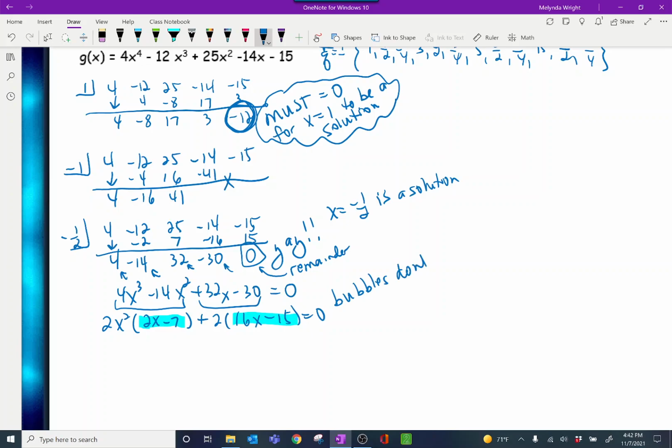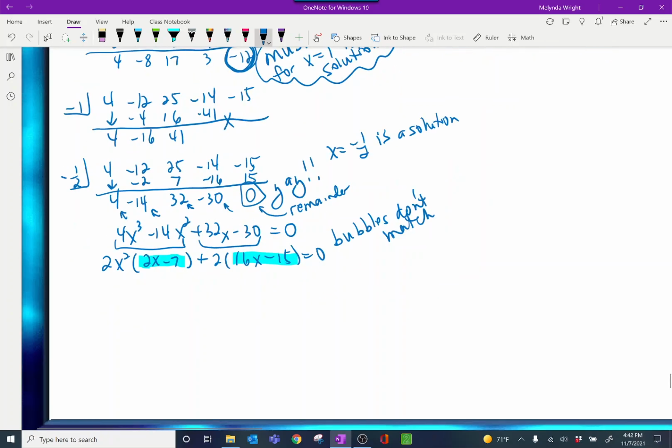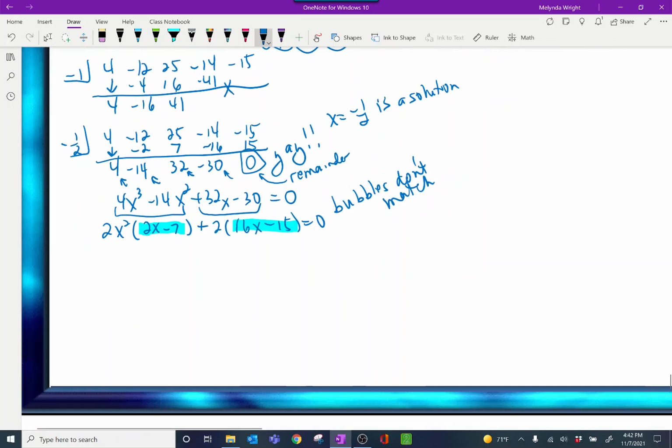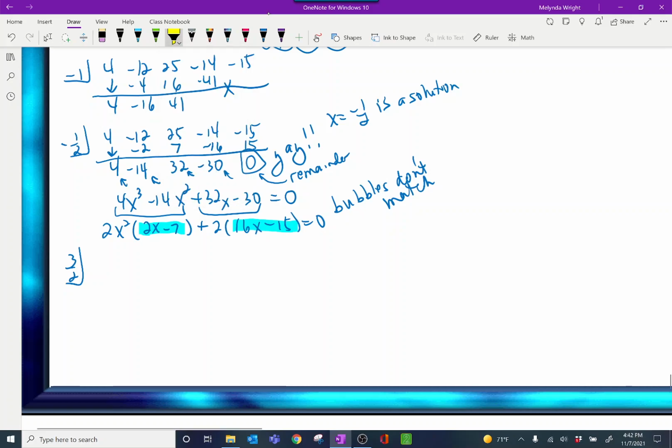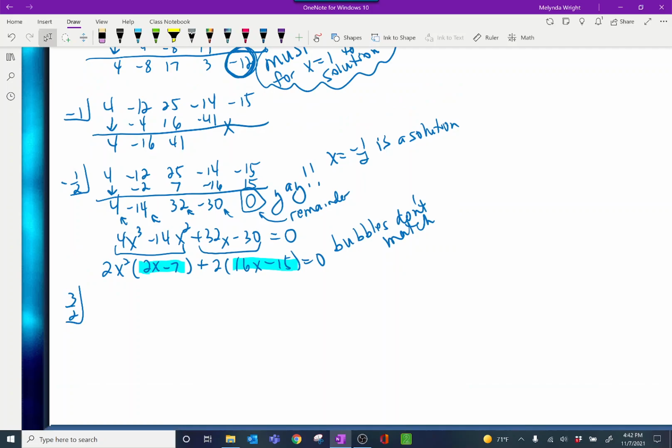That means I have no other choice but to do rational root theorem again. Okay, we can do this. All right, so I'm going to try 3/2. Now here's the trick here though, guys. Once we have gotten one of the solutions, instead of going back to my original numbers, I'm going to use my new numbers.